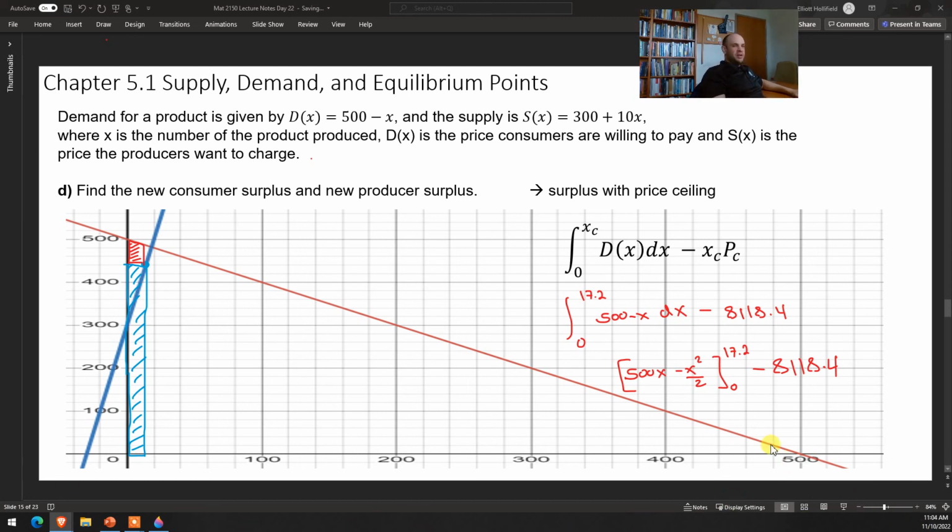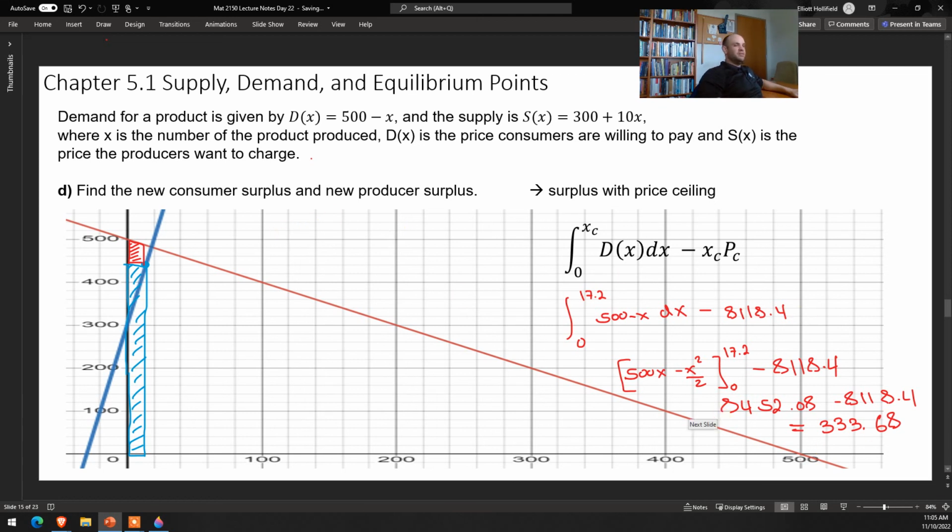When we do this evaluation, I got 8452.08 minus 8118.4. And that gives us the new consumer surplus of $333.68. Now let's find our new producer surplus with a similar strategy.